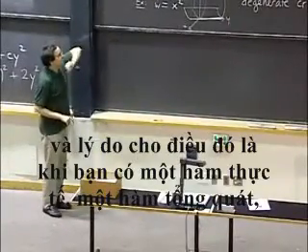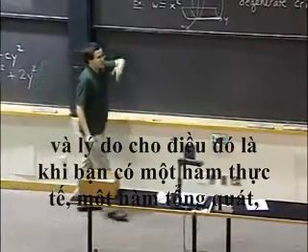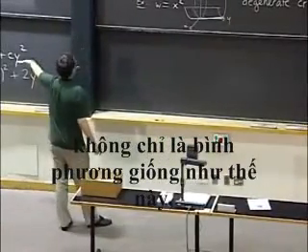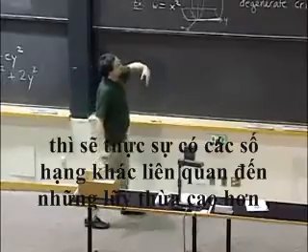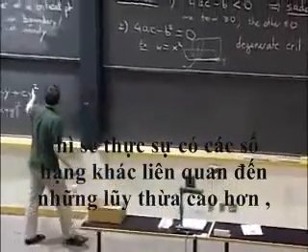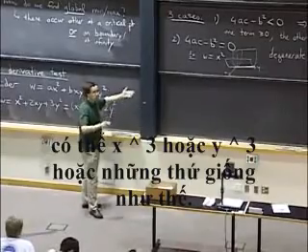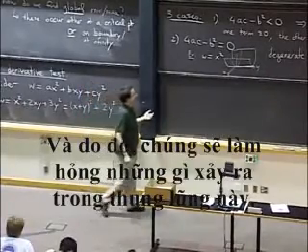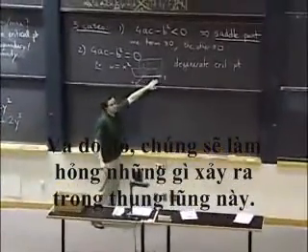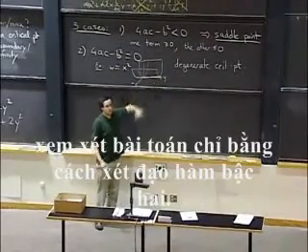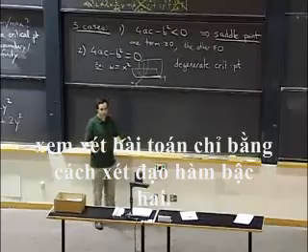And the reason for that is that when you have an actual function, a general function, not just one that's quadratic like this, then there will actually be other terms, maybe involving higher powers, maybe x cubed or y cubed or things like that. And then they will mess up what happens in this valley. It's a situation where we won't be able to tell automatically, just by looking at second derivatives, what happens.